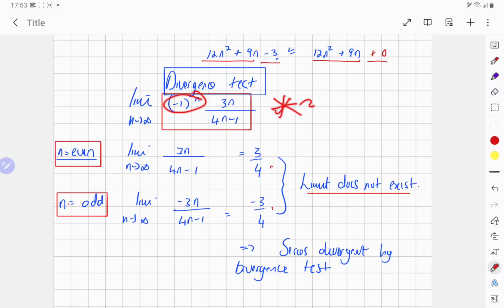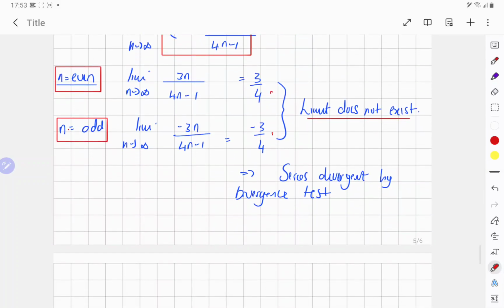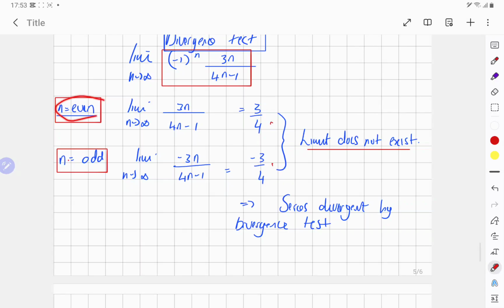What do you always do in a case like this? You will check when n is even. Now, you should all know from first year, minus 1 to the n, if n is even, is always plus 1. And minus 1 to the n, if n is odd, is always negative 1.